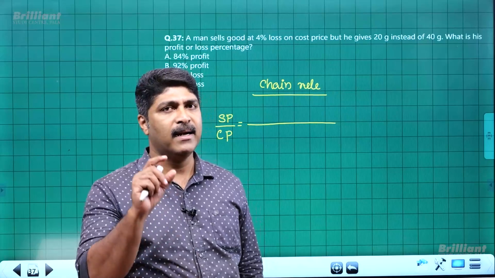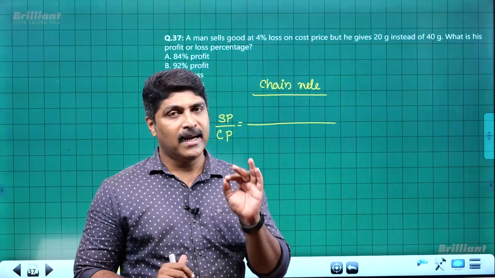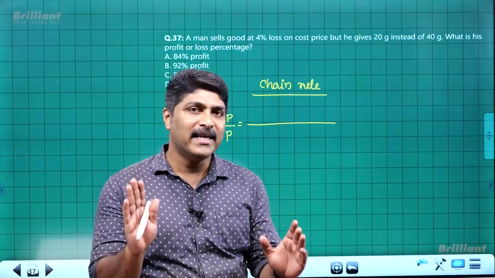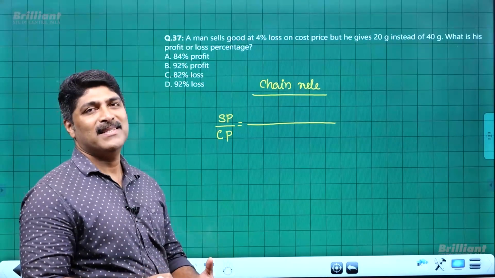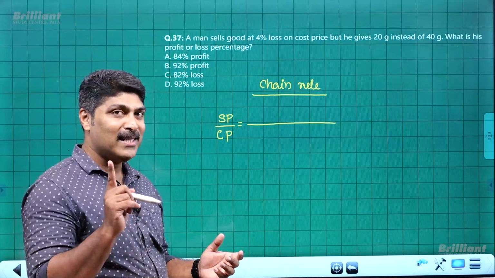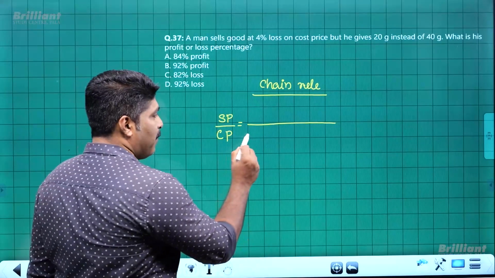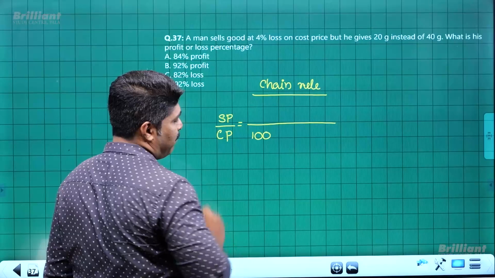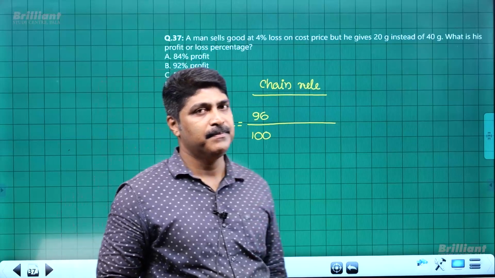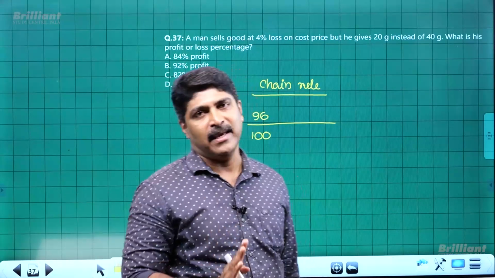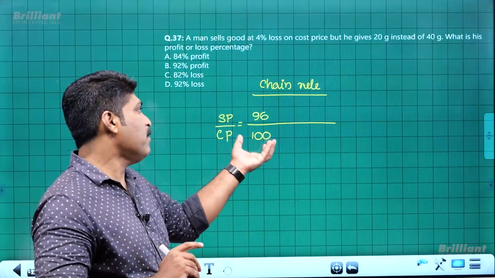Instead of getting 100 rupees, you are charging only 96 rupees. Think about where we have to write 100 and 96. You are the seller suffering a loss of 4%. Therefore, you actually require 100 rupees, but you are charging only 96 rupees. Understand the concept clearly? In such a situation only, the denominator is greater than the numerator.